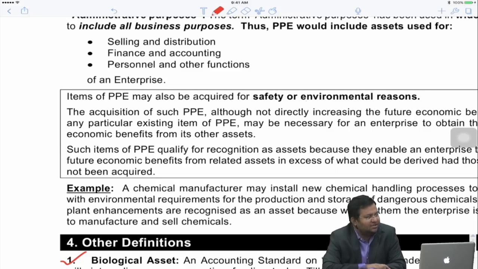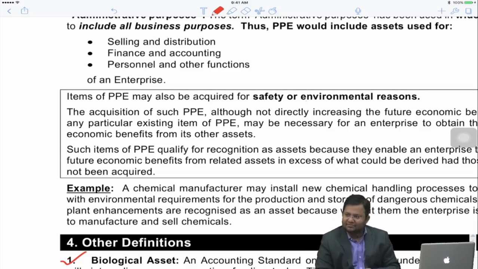Is purchase of this paper a property, plant, equipment? How many say yes? How many say no? Majority public is illiterate. Correct answer is no.